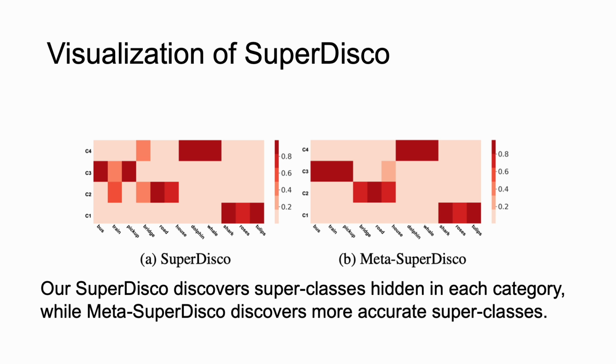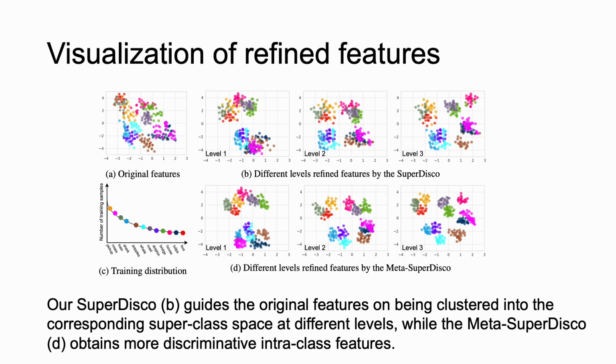We also give the visualization of SuperDisco, and our SuperDisco discovers superclasses hidden in each category, while Meta SuperDisco discovers more accurate superclasses.